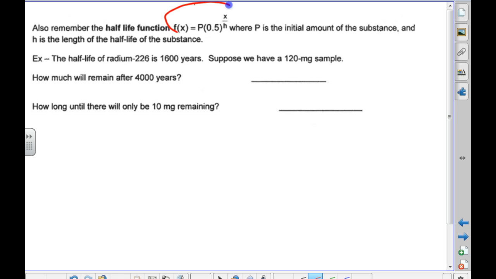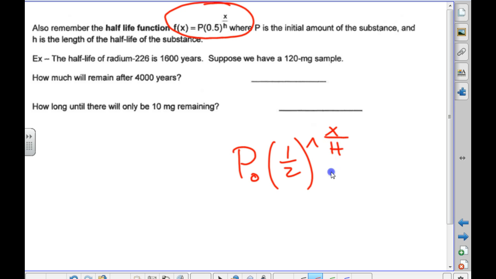All right, this is the general half-life form. We did some continuous decay with half-lives as well, but this is the general form. It says you take the original amount times 1/2 to the power of x over h, where x is the time and h is the length of a half-life, and that will give you the present value.